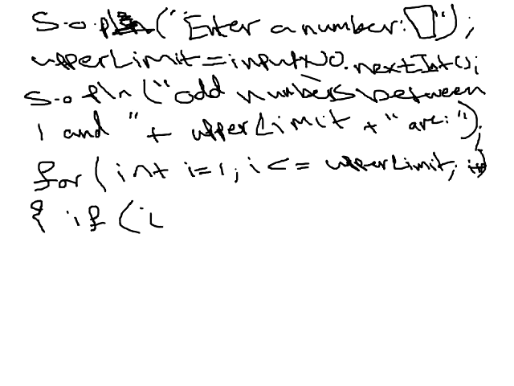Now we need to make sure that if we divide I by 2, we should not have any remainder. The remainder should be 0.